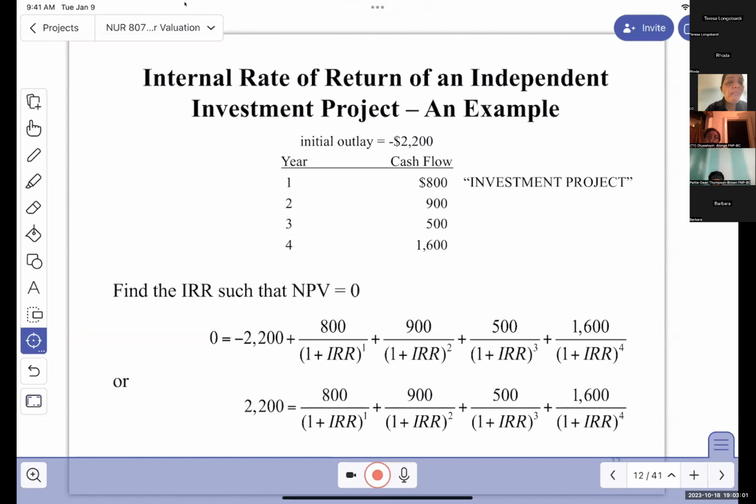Okay, so what is this doing exactly? I can think about it as this, or I could add 2,200 to both sides and get this. Either way, what we're doing is trying to find the rate that offsets the investment. So let's see. What happens if I make this number bigger?